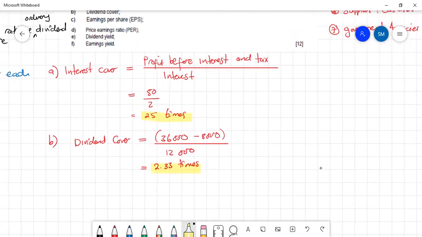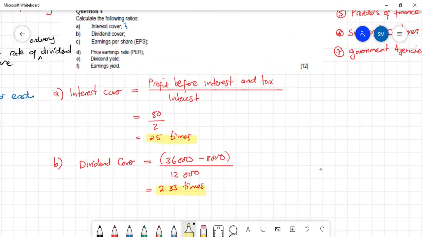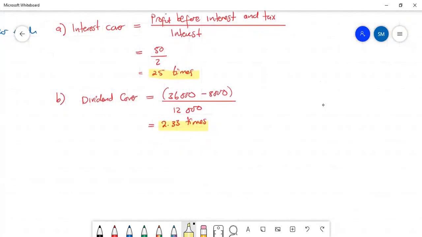And then we go to part C, earnings per share. How do we get our earnings per share?